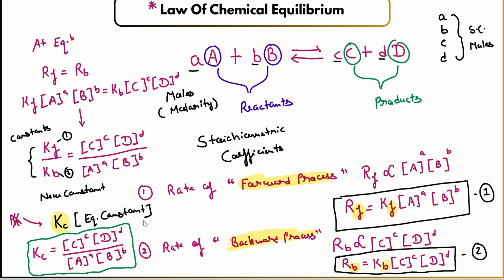And on this equilibrium constant, more than 80% of our chapter is based. Also remember that the law of chemical equilibrium is also known as the law of active mass reaction.